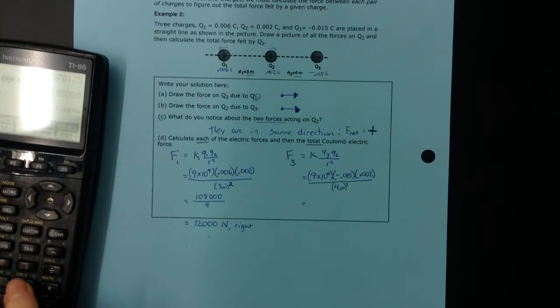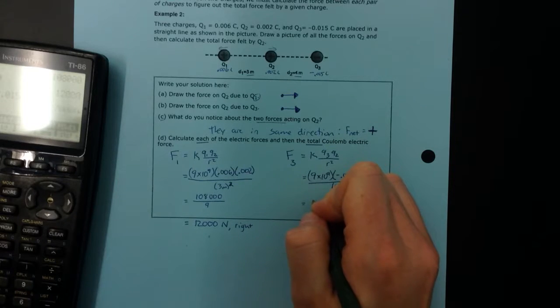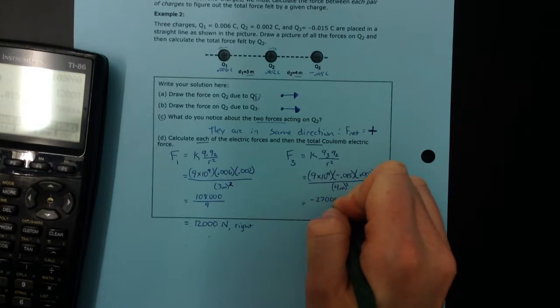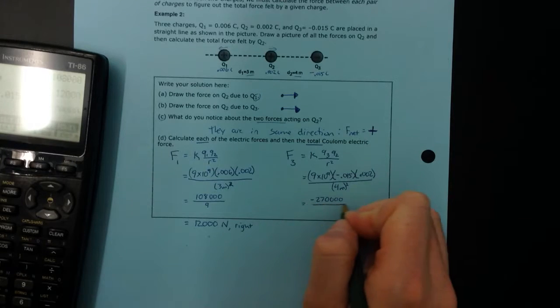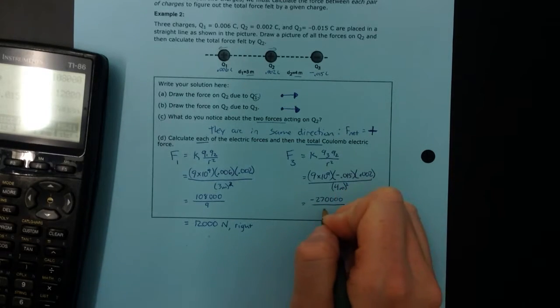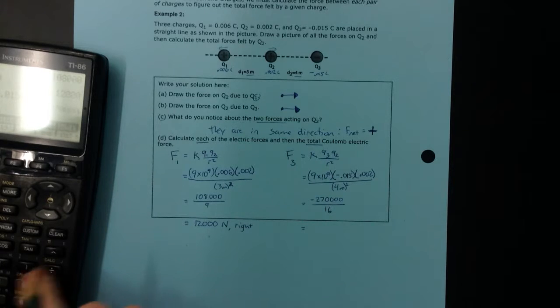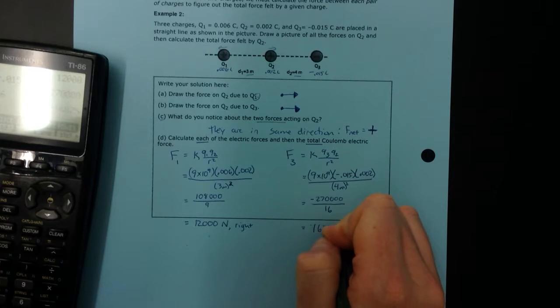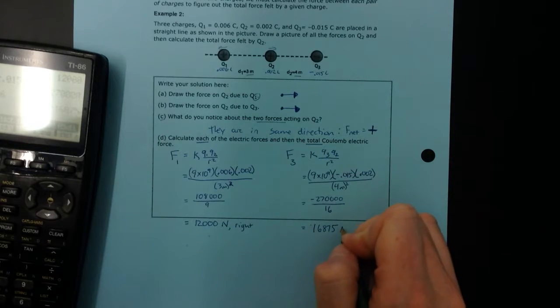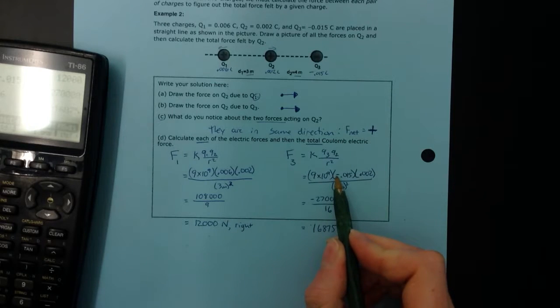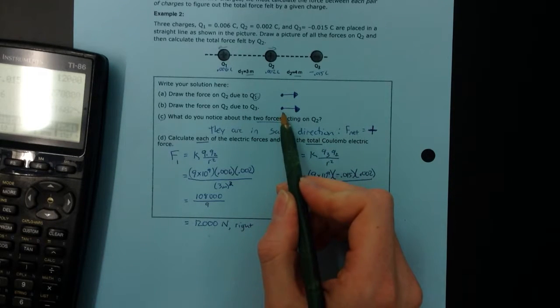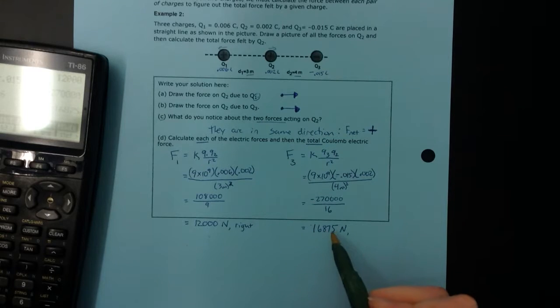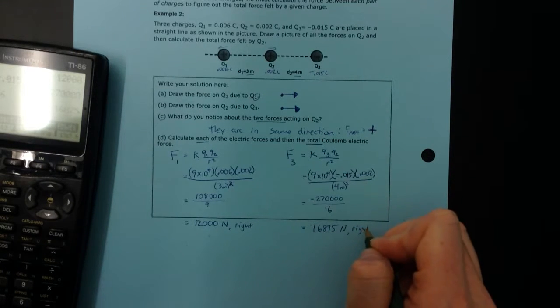So 9 times 10 to the 9th times negative 0.015 times 0.002, and I get negative 27 and 4 zeros. Now I'm going to divide by 4 squared, which is 16, and I get 16,875. Instead of writing down negative, I'm going to write down the direction of this force, because the negative tells me which way the force is going, and since I know it's going to the right, I can just look at the value itself. So I'm going to write right on there.